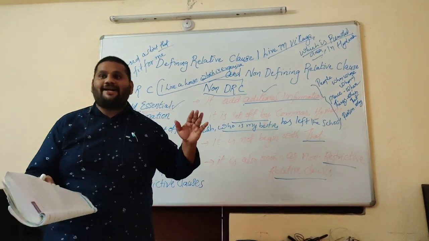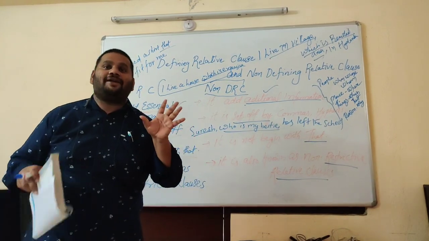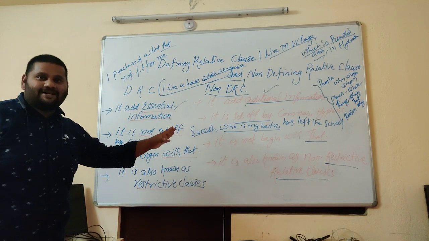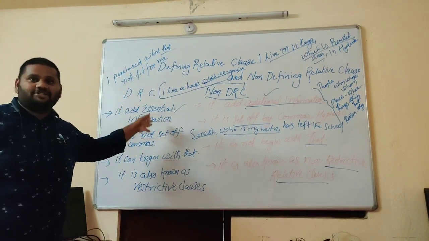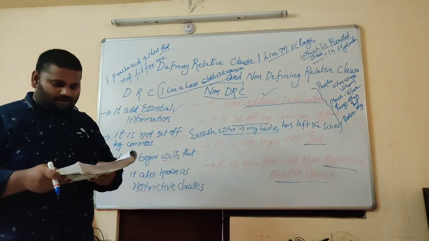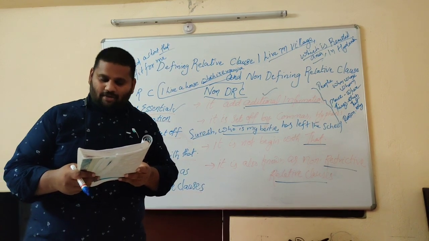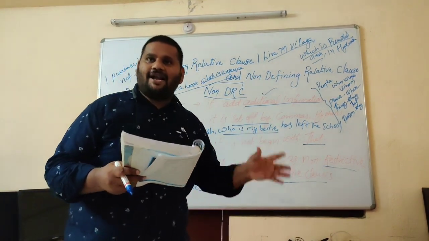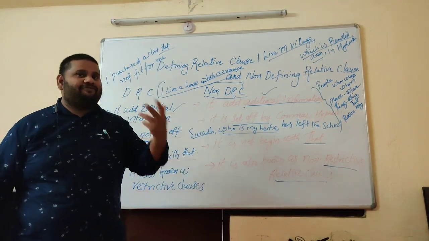Now the fourth example: is this the street where accidents are common? I have not added any additional information, only essential information in that sentence. So this sentence is known as a DRC, that is, defining relative clause. Now the last question: the express, comma, which is late by 2 hours, has just arrived. Here, students, you must know that I have added some information.